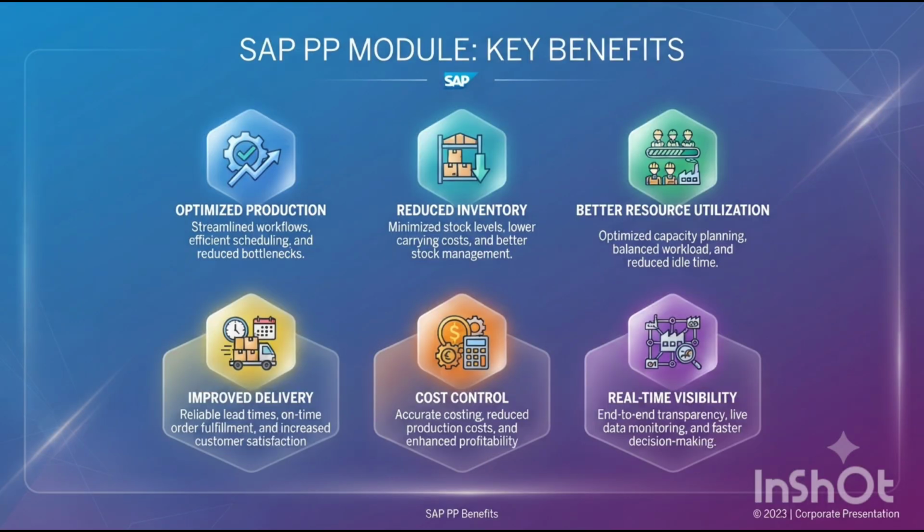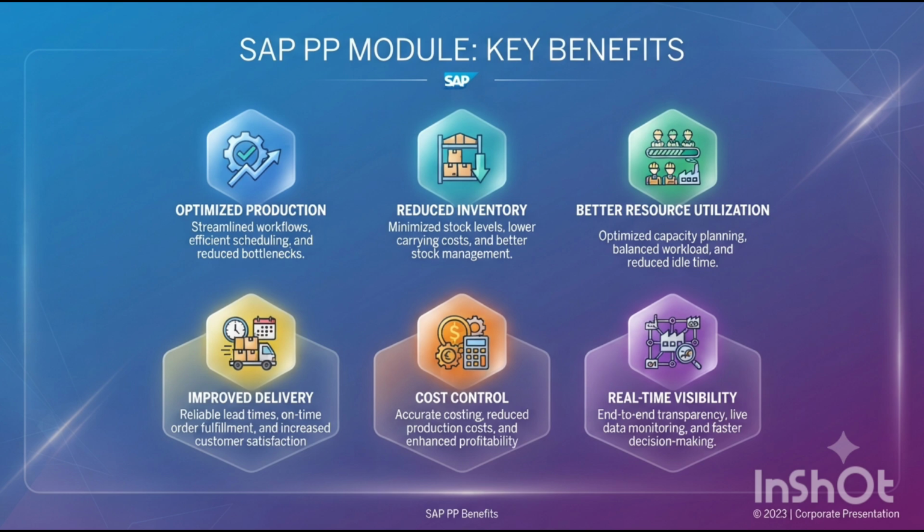Implementing SAP PP brings numerous strategic and operational benefits to manufacturing organizations. It helps optimize production planning, significantly reduce excess inventory, improve resource utilization, and increase on-time delivery performance. Other major benefits include better cost control, accurate product costing, real-time visibility across the supply chain, and improved coordination between different departments.